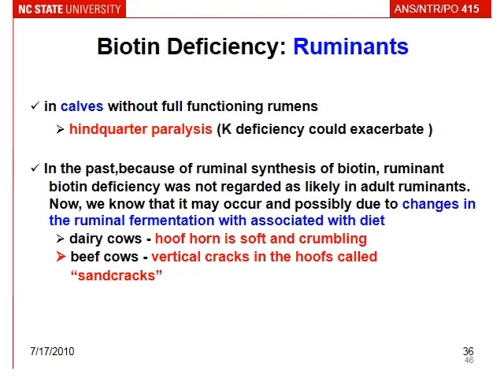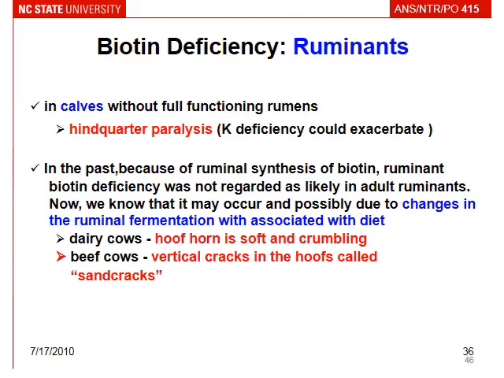As with all these B vitamins, it's really uncommon to see deficiencies in adult ruminants, but in our calves without fully functioning rumens, you're going to see some deficiencies. They're going to have paralysis in their hindquarters, and usually this presents in addition to vitamin K deficiency, because we're relying on the microbes to make vitamin K and biotin.